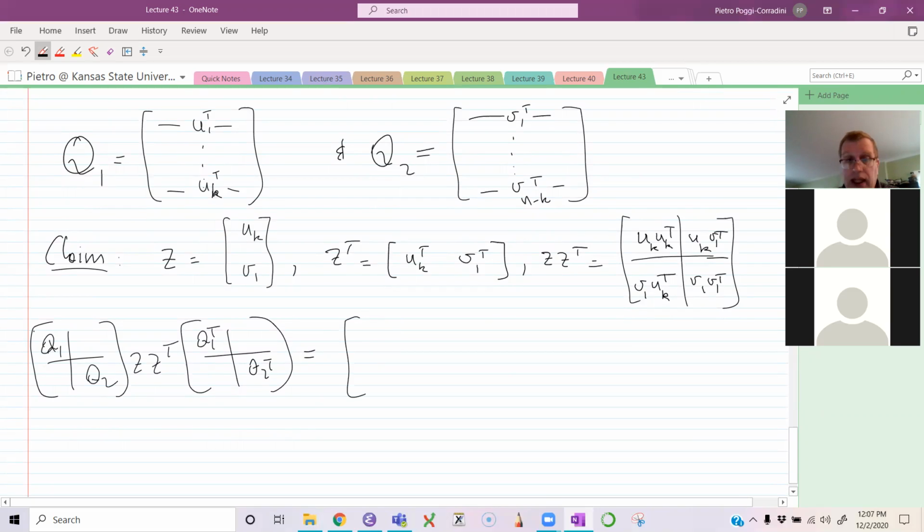Remember, when you take a diagonal matrix and multiply by a diagonal matrix from the left, you multiply the rows, right?